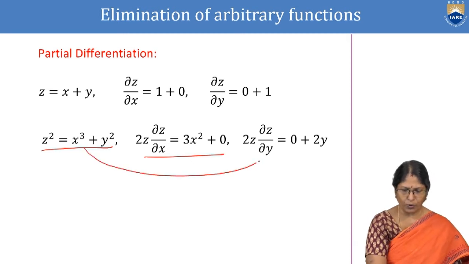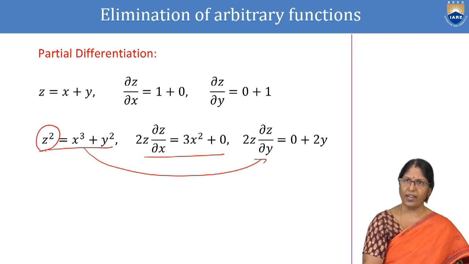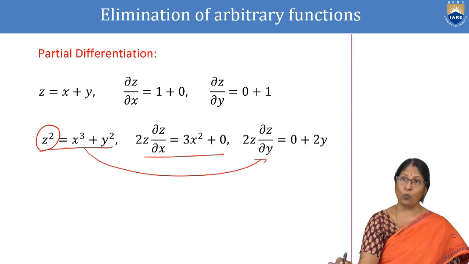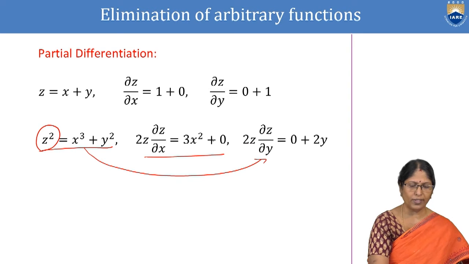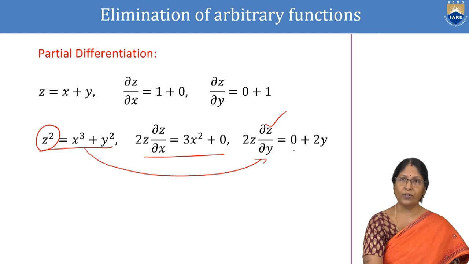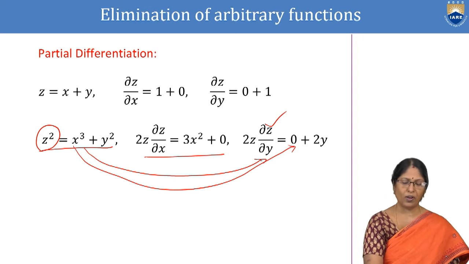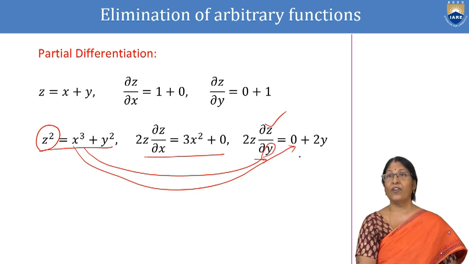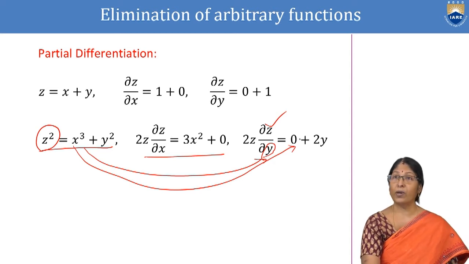Now we move to partial differentiation with respect to y. Now z² is there, and differentiating partially with respect to y gives 2z ∂z/∂y. For x, the partial differentiation is 0, because we are considering the variable y, and the other variable is treated mathematically as a constant.